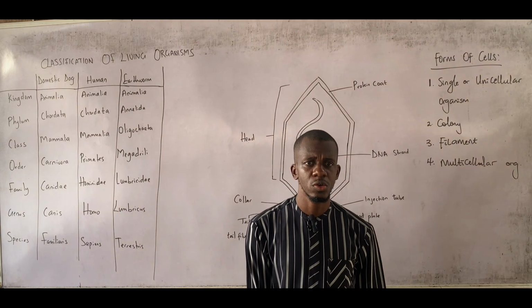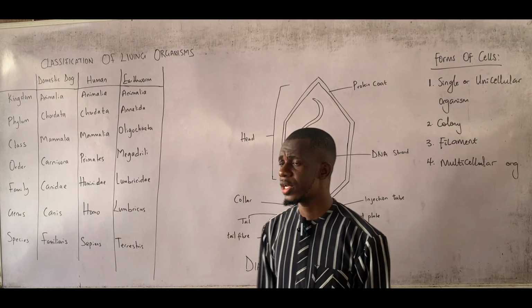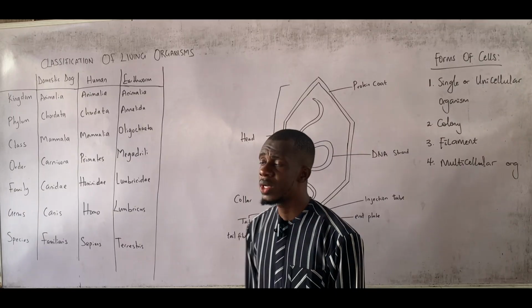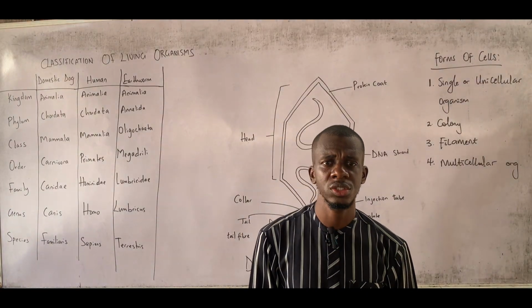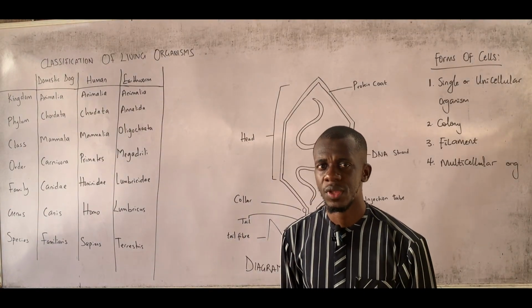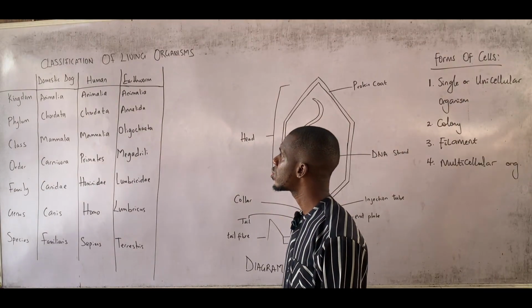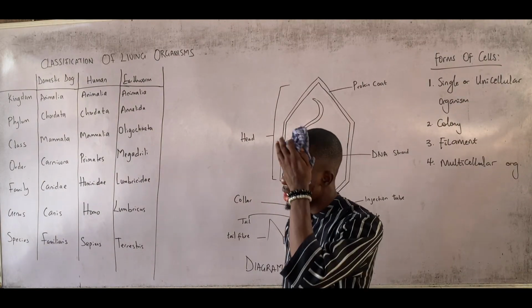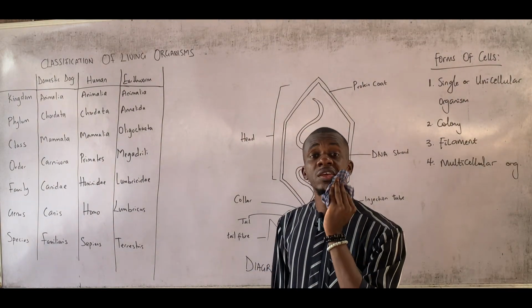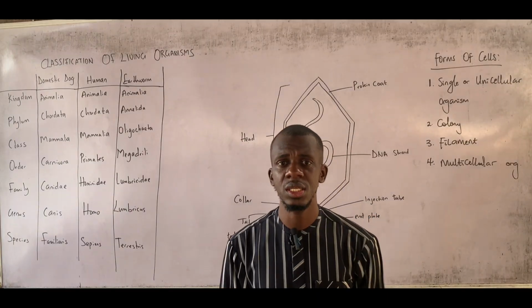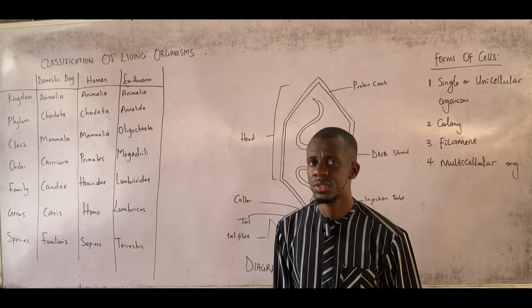So for today's class, we're going to talk about the classification of living things. Do come with me. Living organisms, as we know, are divided into two, which are mainly the plants and the animals.